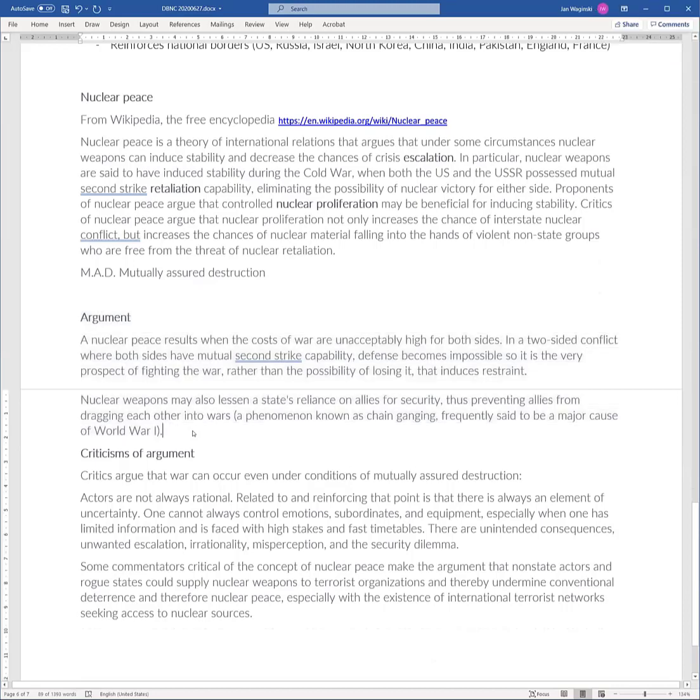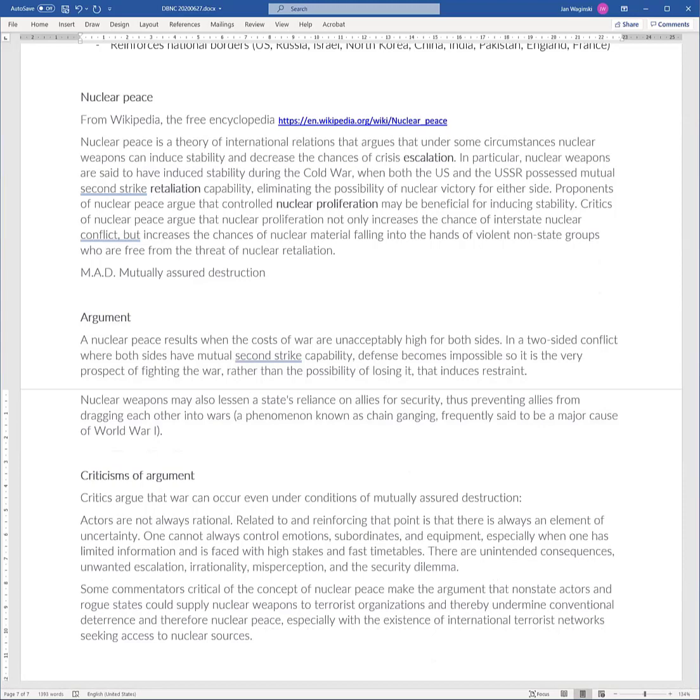Argument: Nuclear peace results when the costs of war are unacceptably high for both sides. In a two-sided conflict where both sides have mutual second strike capability, defense becomes impossible. So it is the very prospect of fighting the war, rather than the possibility of losing it, that induces restraint.